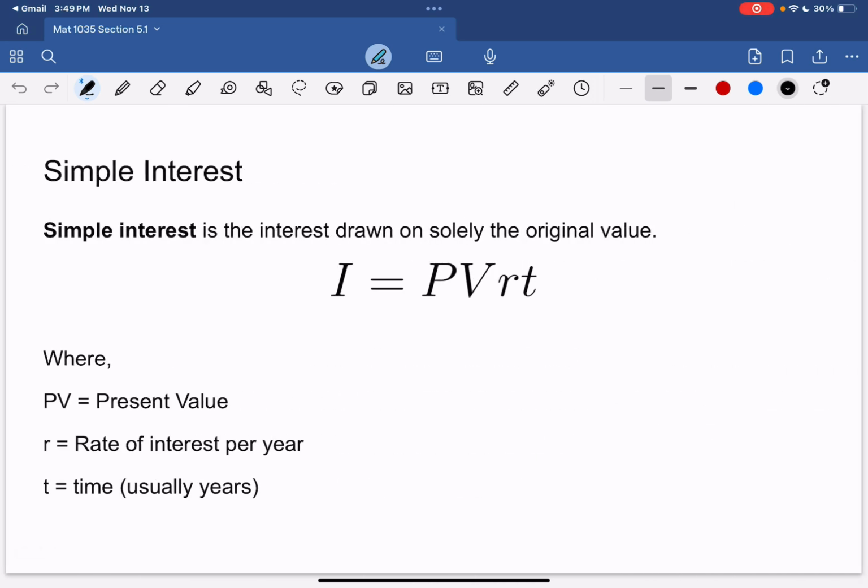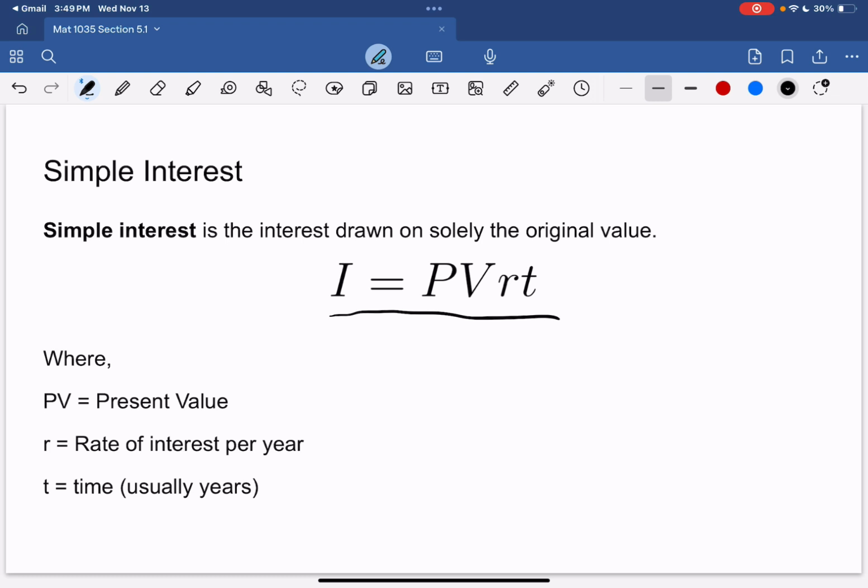So the first thing we want to talk about is simple interest, and simple interest is the interest drawn solely on the original value. So we put $5,000 into our account, and the interest is only calculated on that $5,000. This is the formula in the textbook: interest is equal to PV times r times t.